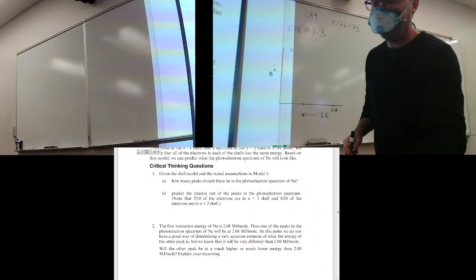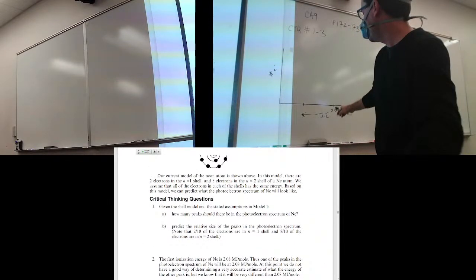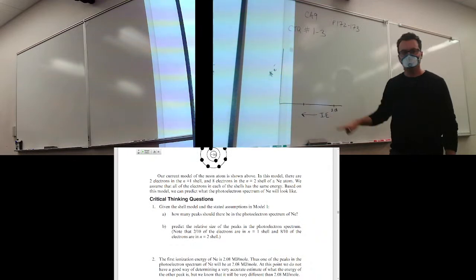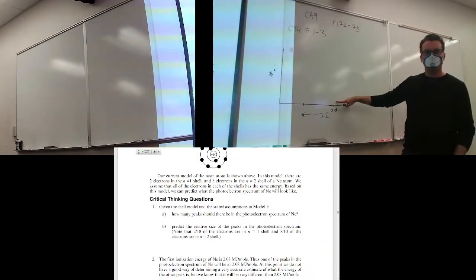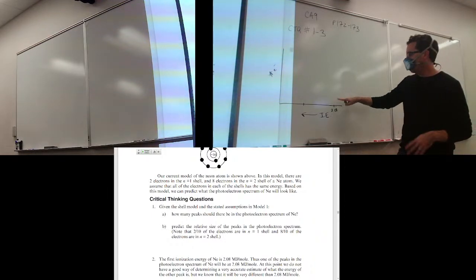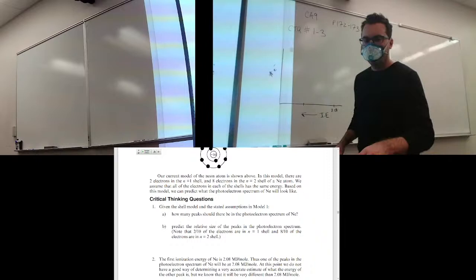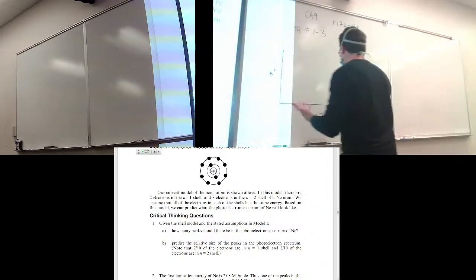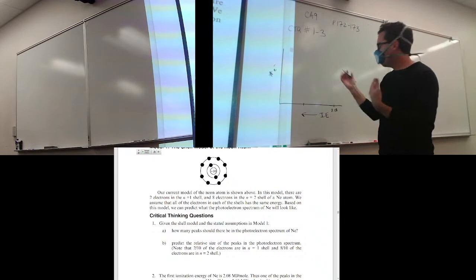What are the peaks going to look like? Which one's going to be 4 times high, and which one's going to be 1 times high? So this one's going to be the 4 or the 1? The 4 times high, yeah. The valence electrons are the easiest to remove, and that's where you have the most electrons, the large number, 8 of them. So 8 to 2, 4 to 1.